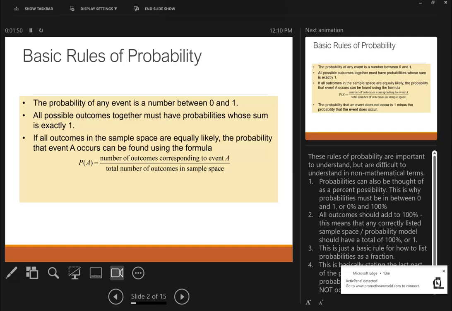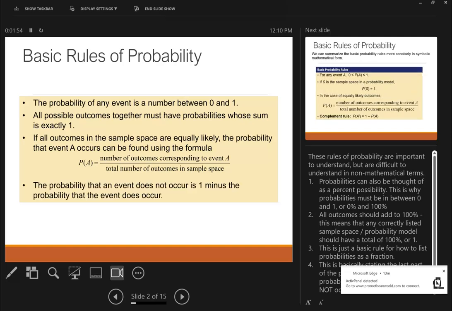Basically, just like a percentage, right? Part over whole is all we're talking about there. And the last one is that the probability that an event does not occur is just 1 minus the probability that the event does occur. We talked about that last time. We called it the complement rule.